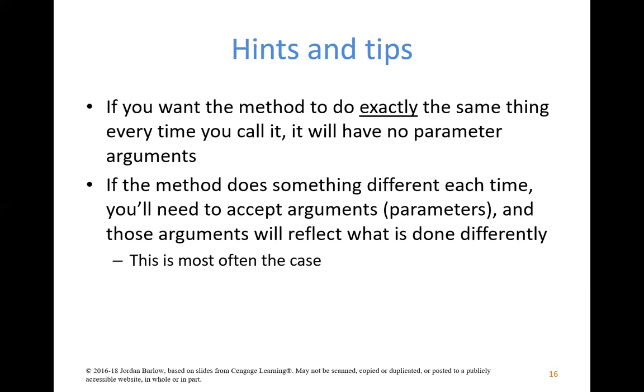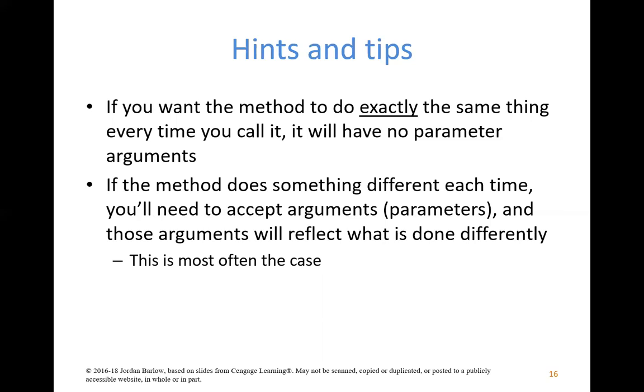Okay, and if you're wondering whether or not your method should have parameter arguments or a parameter list inside of those parentheses, think about it this way. If you want your method to do exactly the same thing without variation every time you call it, like when we invoke the readline method, that does the exact same thing every time we call it, then there are no inputs, no parameter arguments.